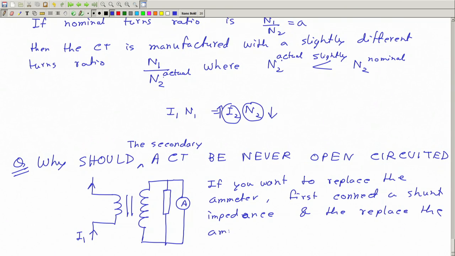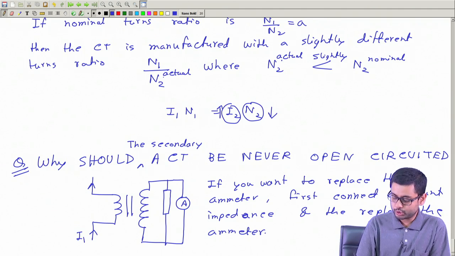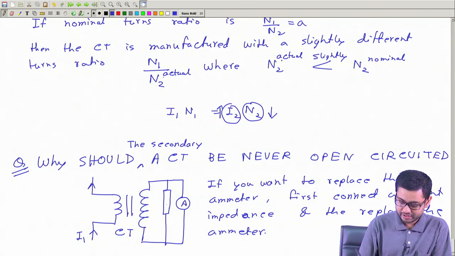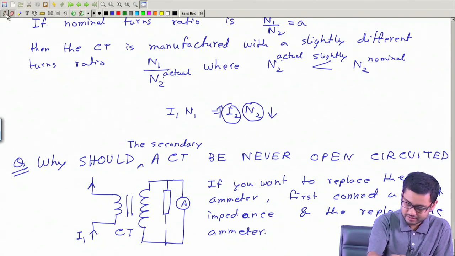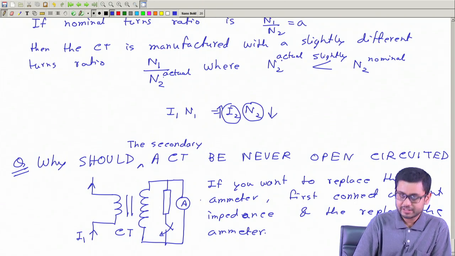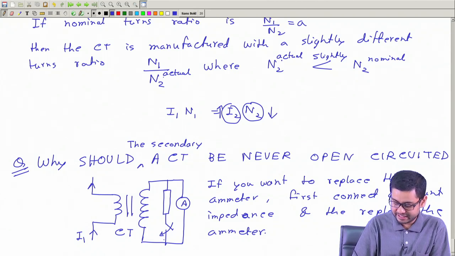This is very important, otherwise it will be very dangerous, it will be very risky. Whatever you do, you should never make the secondary of a CT open circuited. So you first connect this switch, then replace the ammeter, and then disconnect this switch. This is how to operate it.